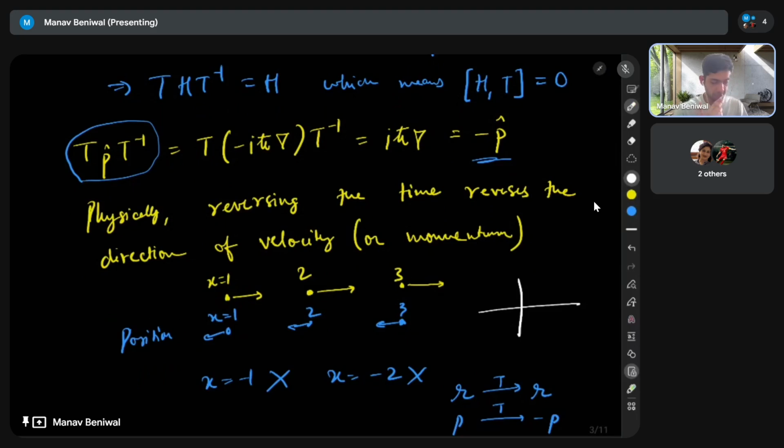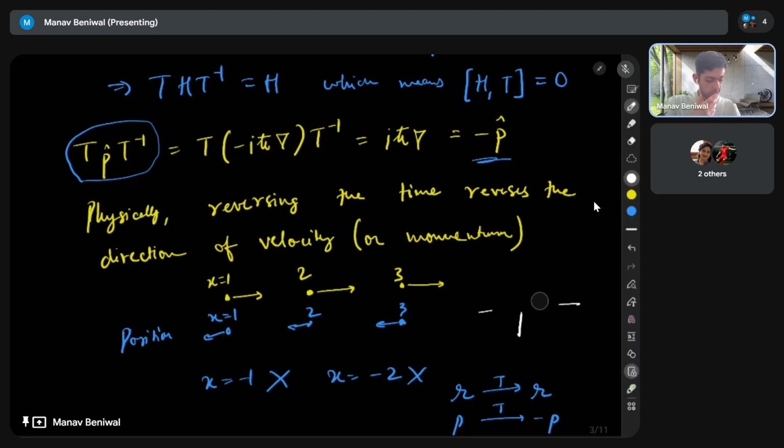Let's say this is our phase space, and this was our P in some random direction theta. This transformation T P T inverse can basically rotate your operator P in this phase space, meaning it can give you some additional phase phi. Here we see that it has given an additional phase of pi, right? 180 degrees, which has made this P to be minus P.